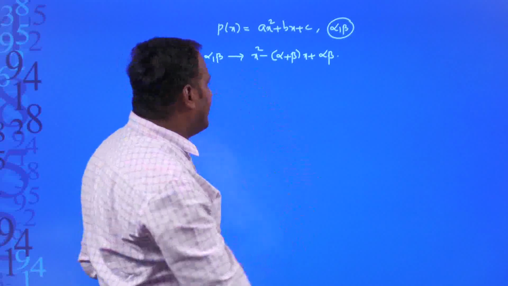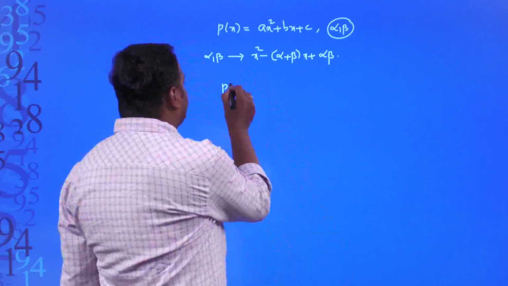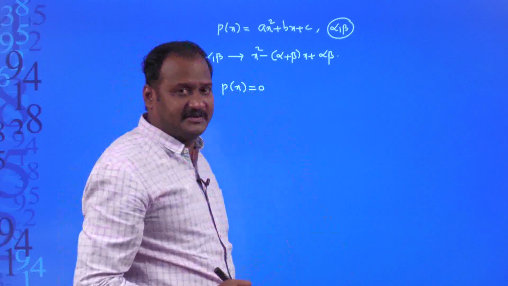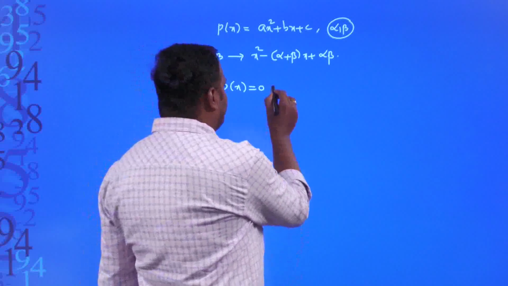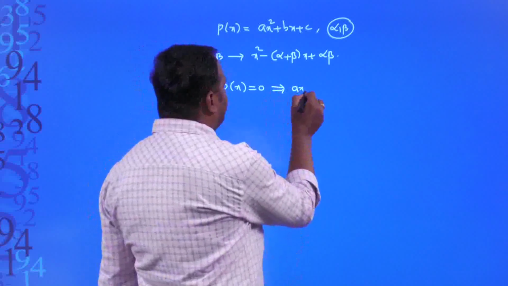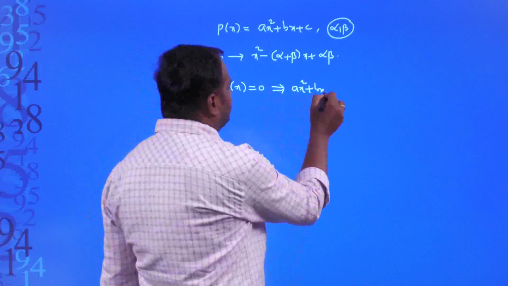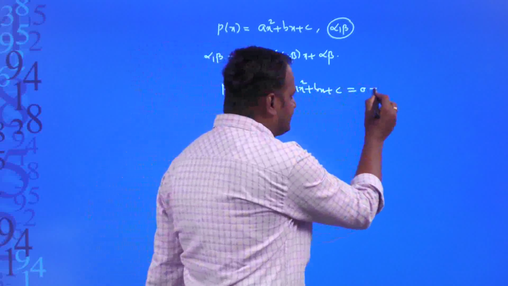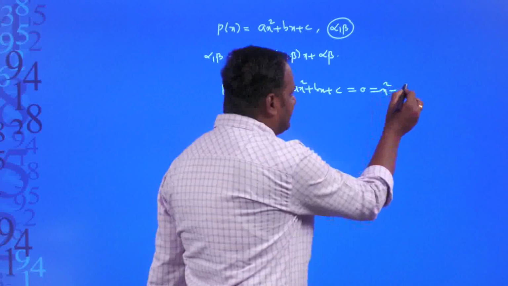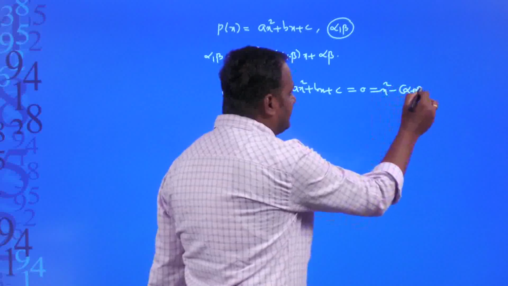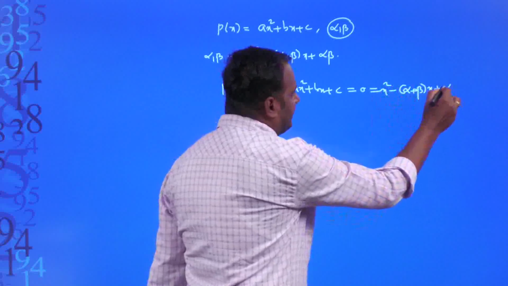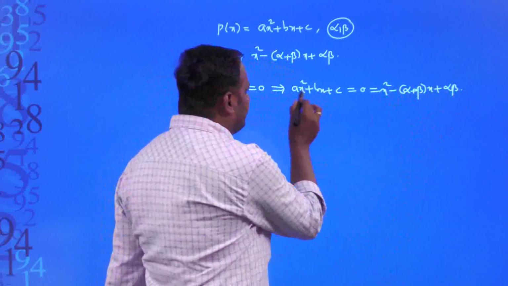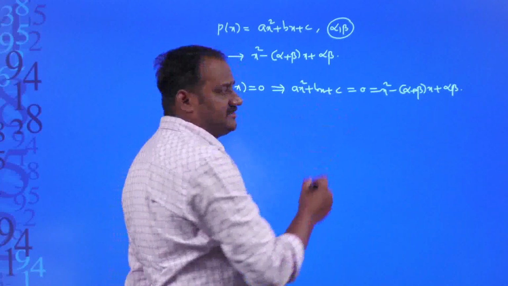So I am going to do one thing, p of x is equal to 0. When I equate p of x with 0, it would be ax square plus bx plus c is equal to 0. In fact, this is the same as x square minus of alpha plus beta times x plus alpha into beta. Now I am going to take a common, otherwise dividing every single term by a.